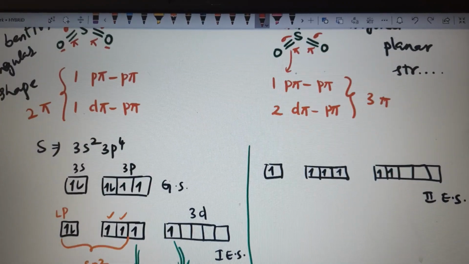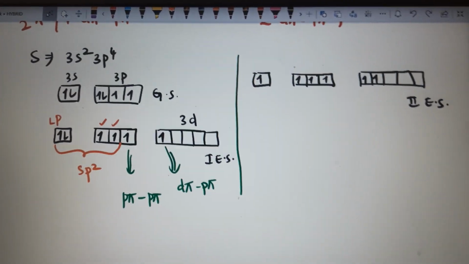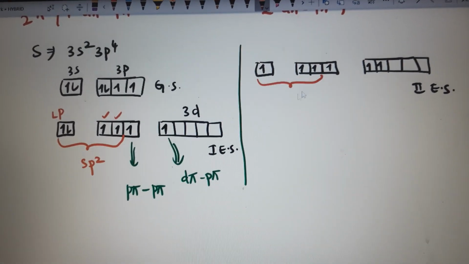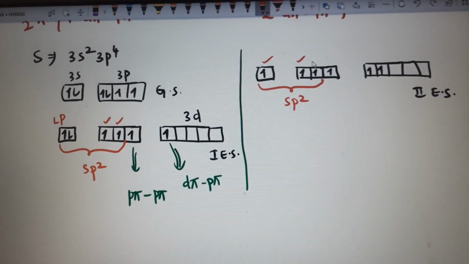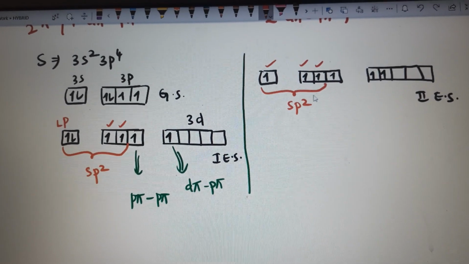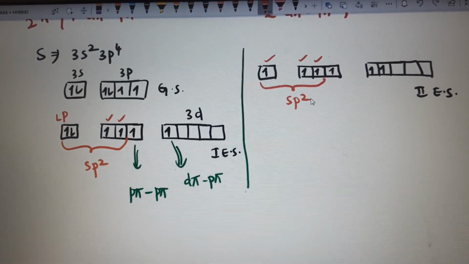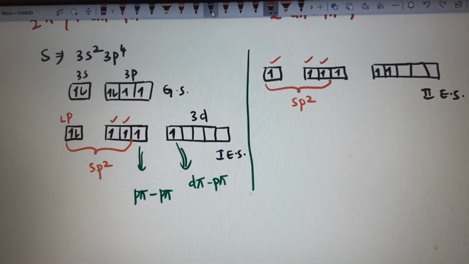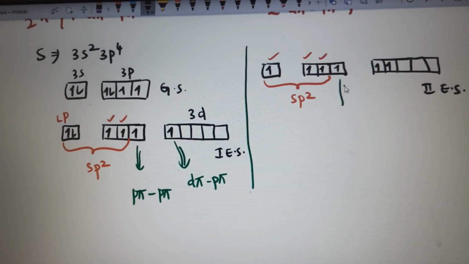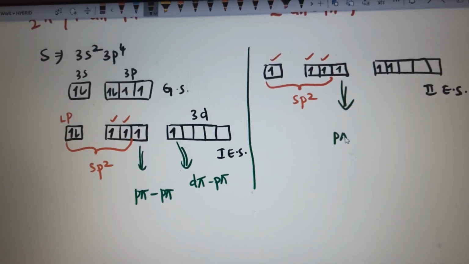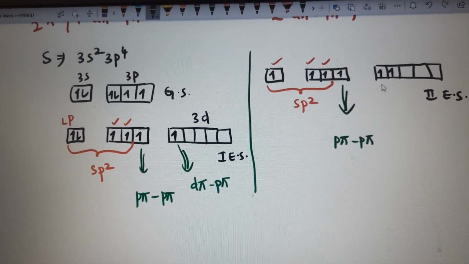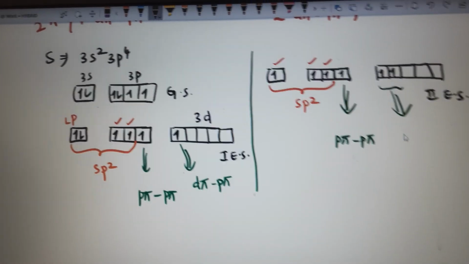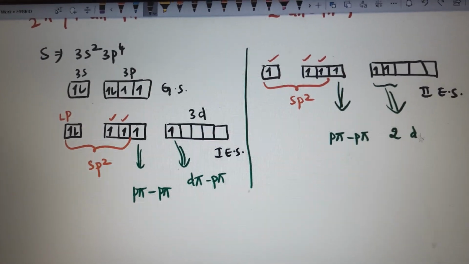Three sigma bonds come from sp2 hybridization again, with no lone pair. This member gives a pπ with oxygen's p, and these two give two dπ-pπ.